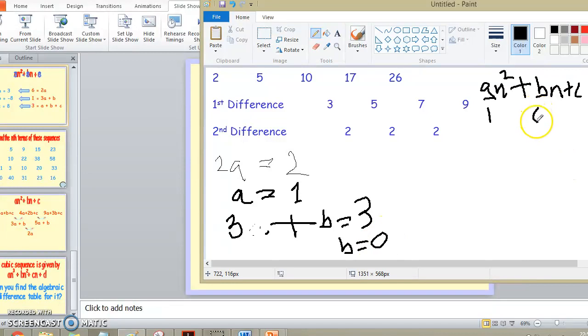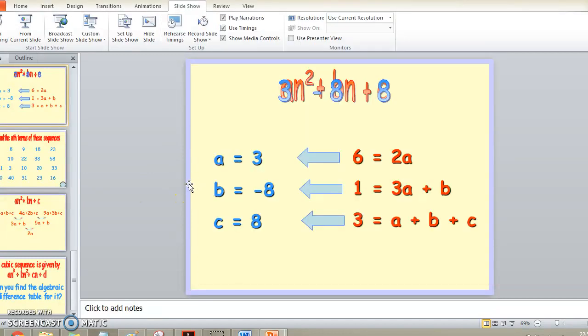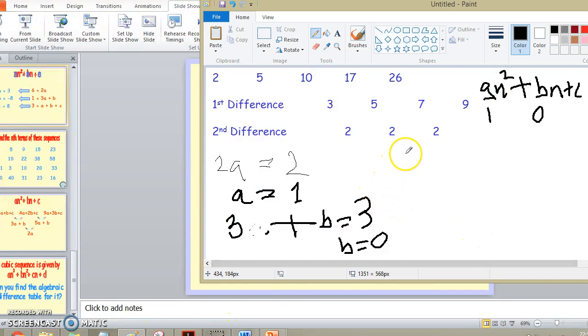So b is 0. Now, post that, what did we remember? That a plus b plus c is the first term. So then we have a plus b plus c gives me the value of 2, right?